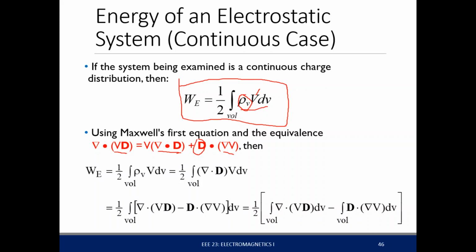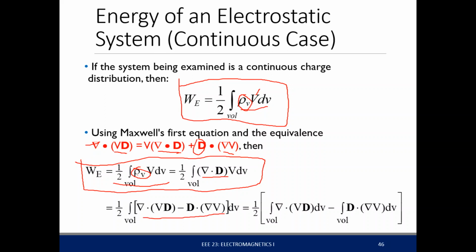But using that equation, we have this expression right here, our original expression. Substitute Maxwell's first equation, so your volume charge distribution becomes del dot D. Using this identity, the del dot D becomes this expression right here.